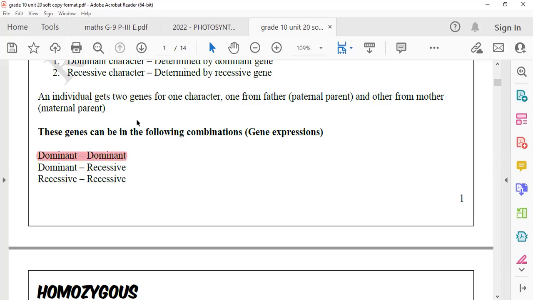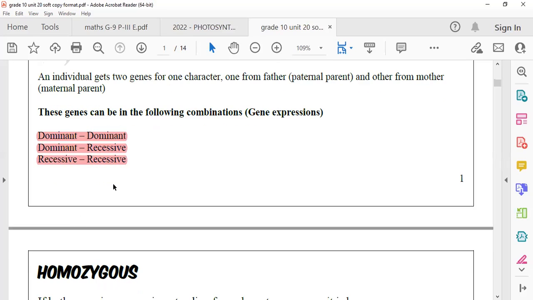Dominant, dominant. That means father and mother both gave us dominant genes. That's one choice. Another choice is there: one parent has given us a dominant gene, the other parent has given us a recessive gene. That is one combination. Another combination is father and mother both have given us a recessive gene.